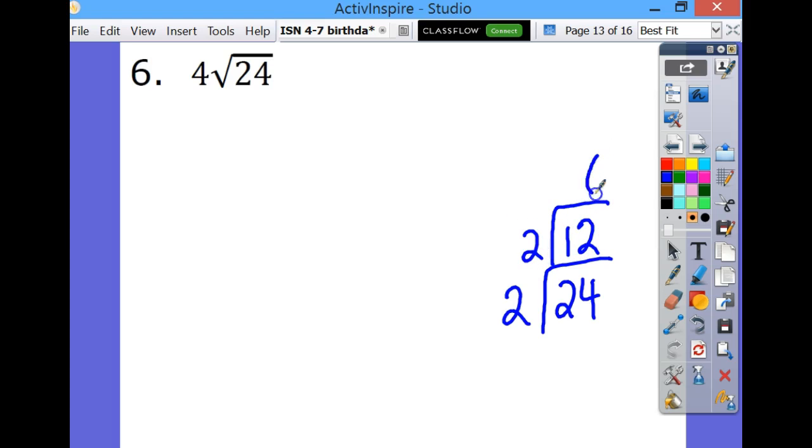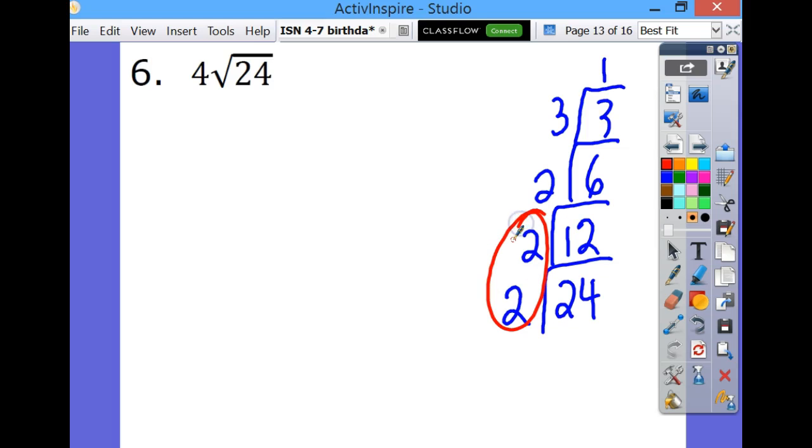And 2 will go into 12, and 2 will go into 6, but 2 won't go into 3. The reason we do the birthday cake, whose real name is prime factoring, is to find the pairs. So we have a pair of 2s, and what's left over? This 2 and this 3 are left over.